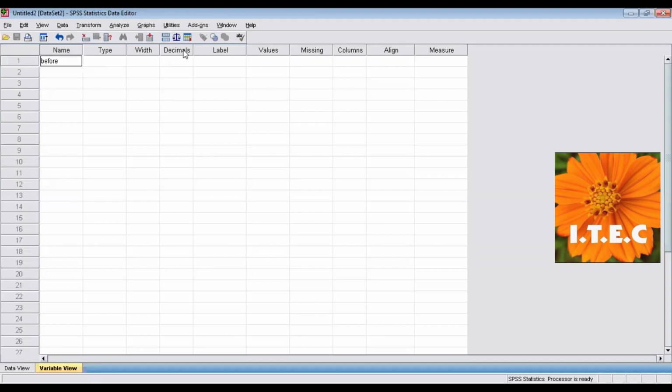You can write before and after, the choice is yours. There are two levels.